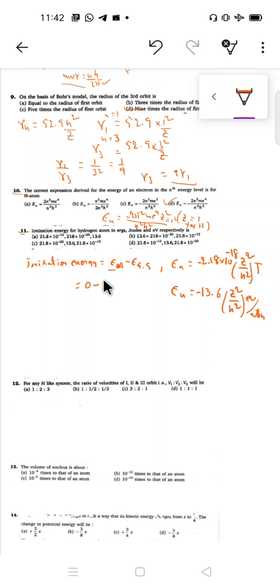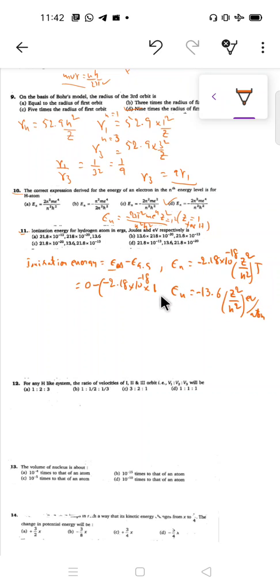Okay, E ground state, let us take joules first. Minus 2.18 into 10 to the power of minus 18 into Z square.